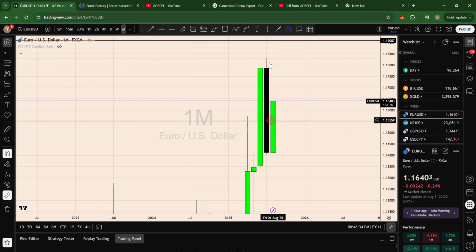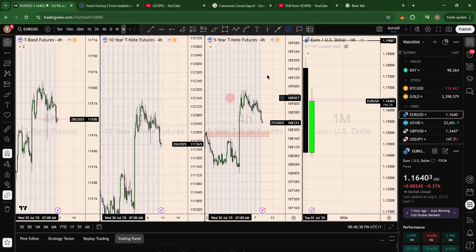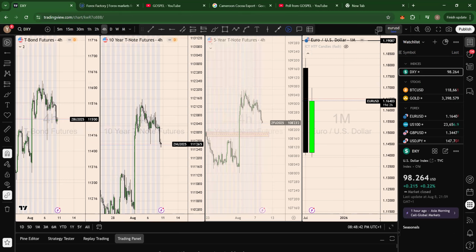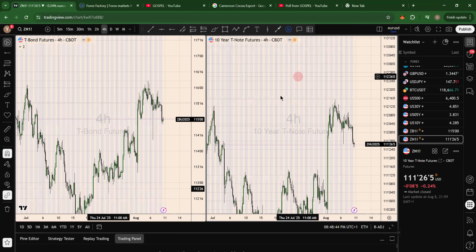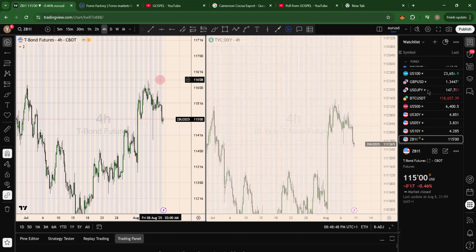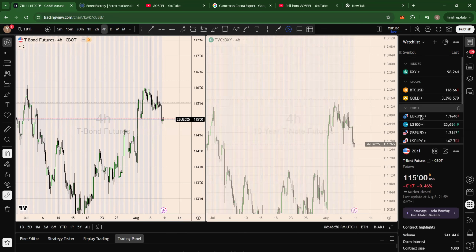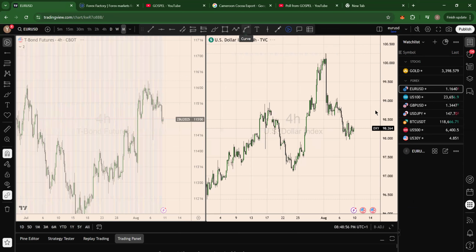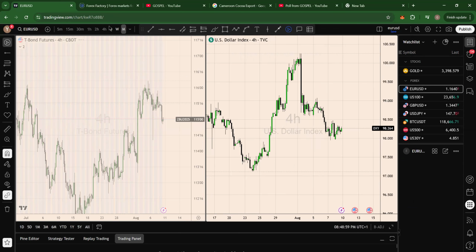We're having SMT because this candle on DXY, let me just show two. That particular candle on DXY on the monthly shows that price engulfed the monthly candle, okay?